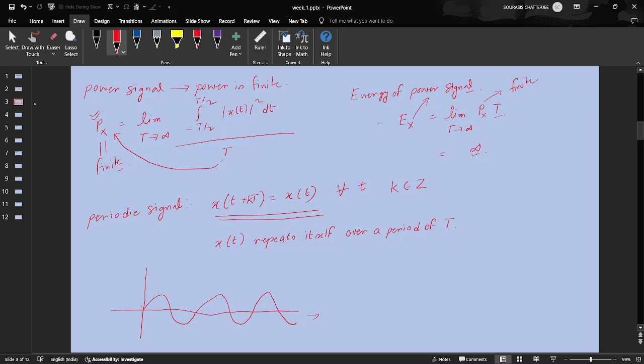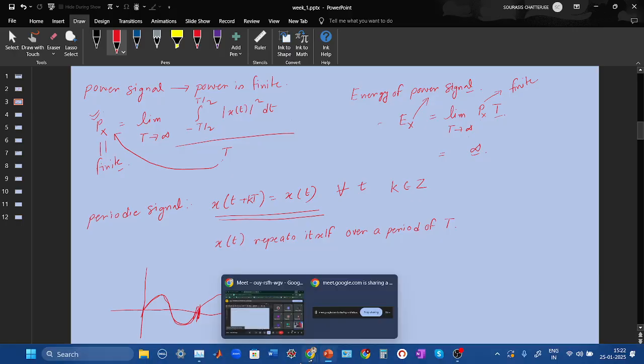So one thing you will observe here is this point to this point, that is from 0 to this point, this function. Yes, does anyone have any question?